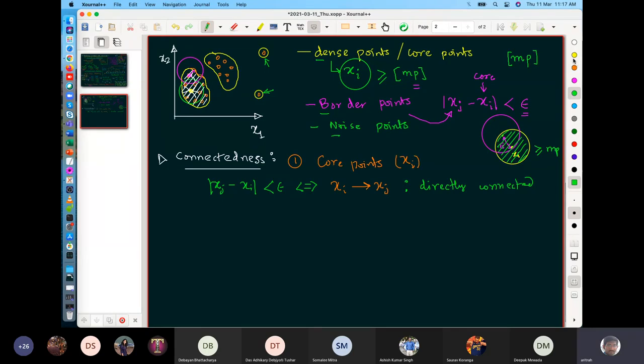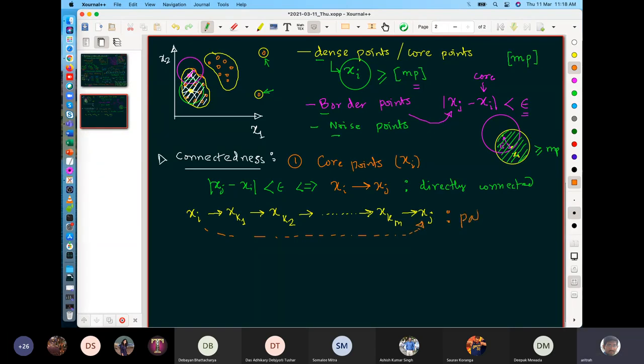Now what can happen? How can I find the frontier of this set of dense points up to the boundary? You can easily guess by recursive formulation that if xi is directly connected to xk1, xk1 is directly connected to xk2, xk2 is directly connected to xk3, and so on up to xkm, which is directly connected to xj, then recursively I will say that xi is also path connected to xj.